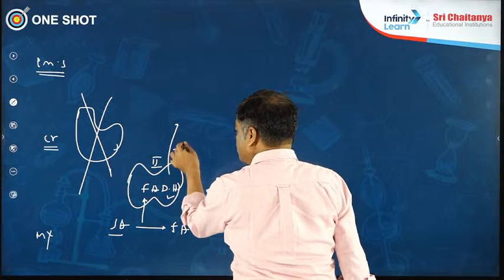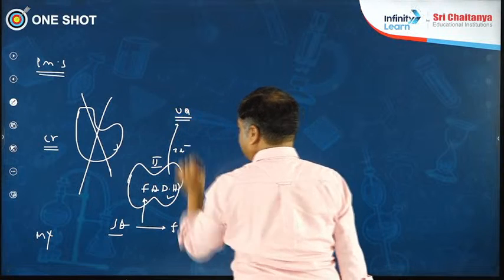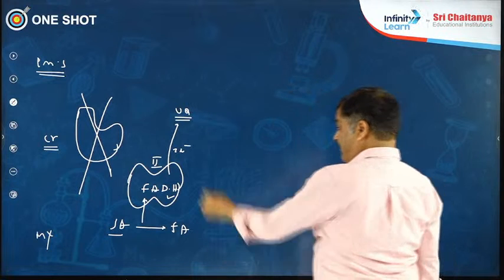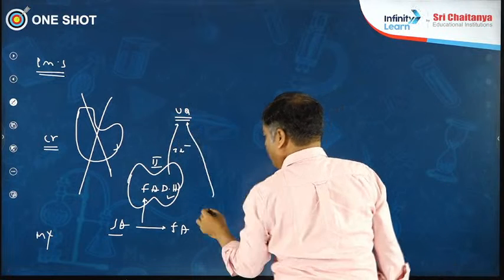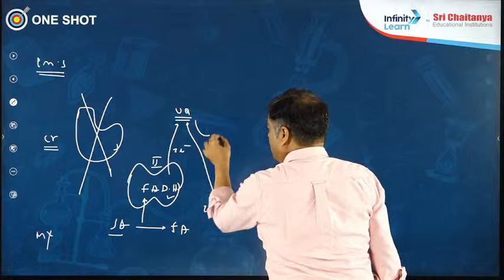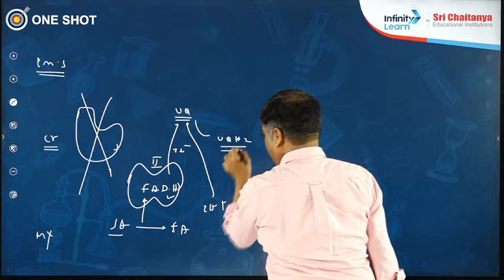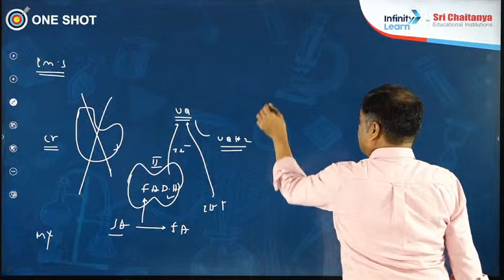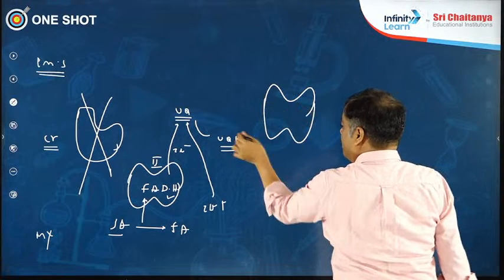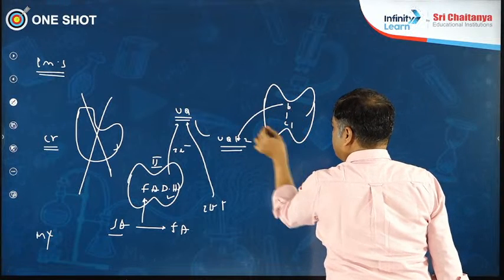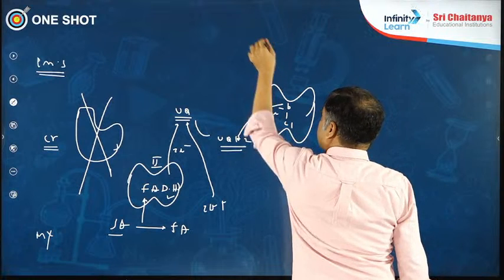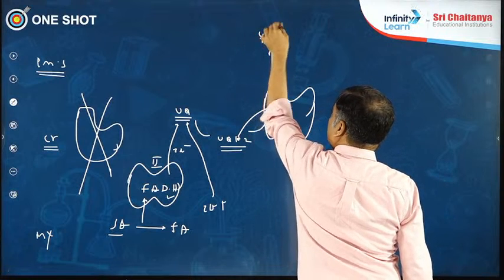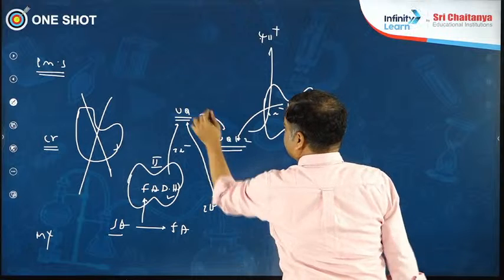Okay? Now what does FADH2 do? It is going to lose 2 electrons to ubiquinone. All of you know that. For every 2 electrons, ubiquinone accepts 2 protons to form ubiquinol. Come on children, you know all this. This is complex 3. Ubiquinol loses 2 electrons to C1, and in this process, textbook says 4 protons go to the perimitochondrial space.